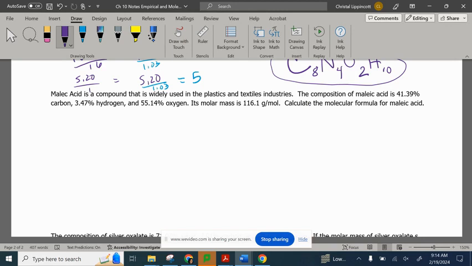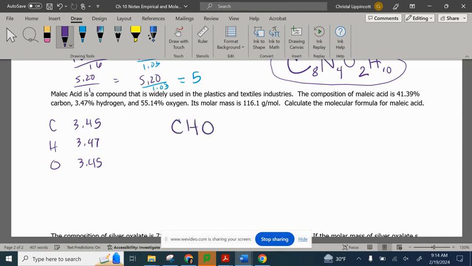Hmm, 41.3912. Hydrogen, oxygen. All right, so divide by the lowest mole amount.